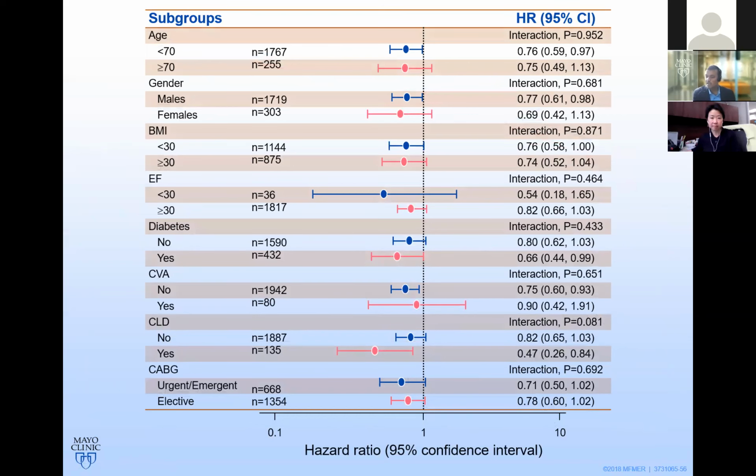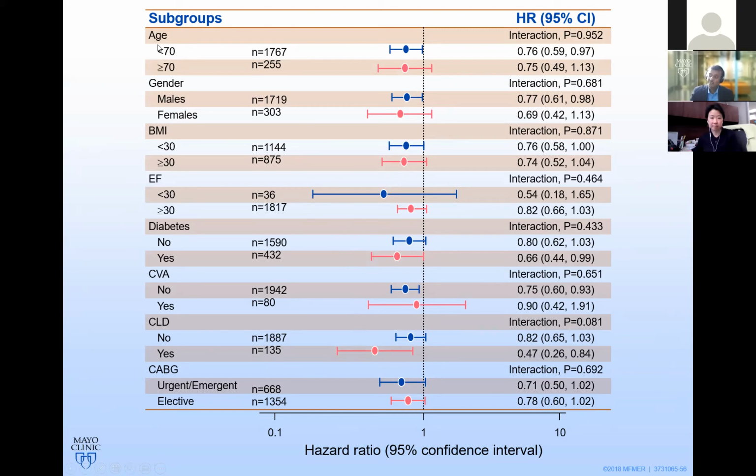Then we looked at those high-risk factors and we were wondering, okay, whether those high-risk factors like age, gender, low heart function had any impact on the survival. Did they influence the longevity that is provided by BIMAs? And there was no difference.